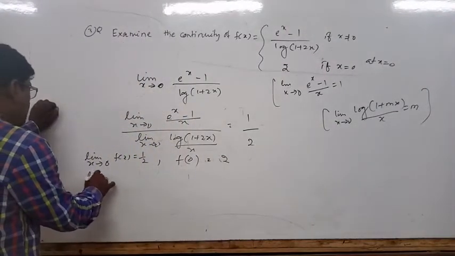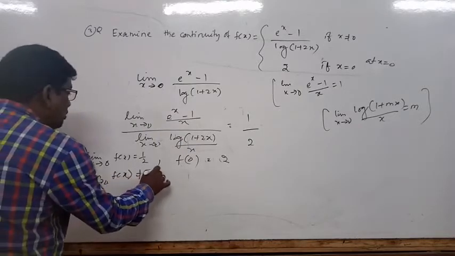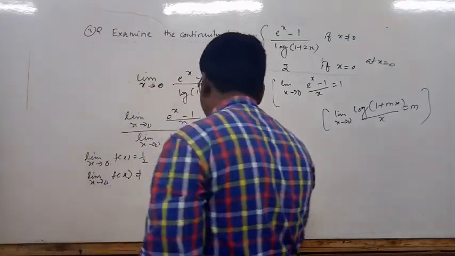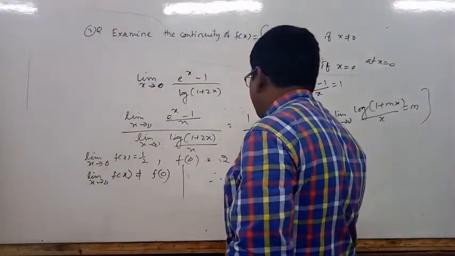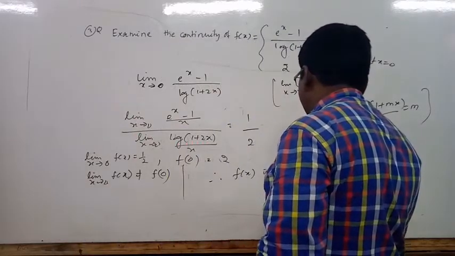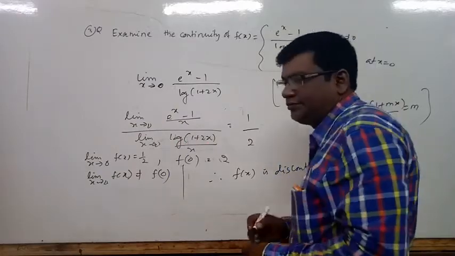Limit x tends to 0 f of x is not equal to f of 0. Therefore f of x is discontinuous at x is equal to 0.